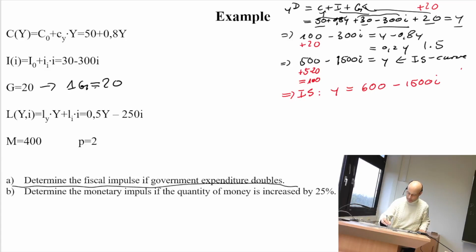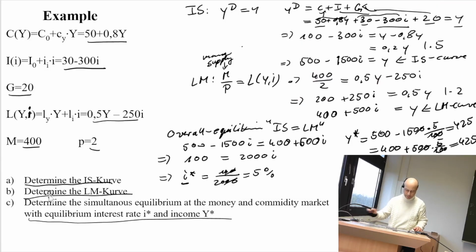And then again, let's say this is IS prime equals LM. Let's go here. What was our LM curve?